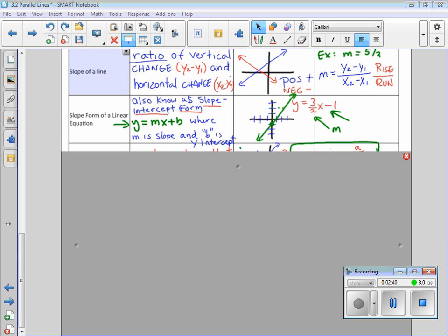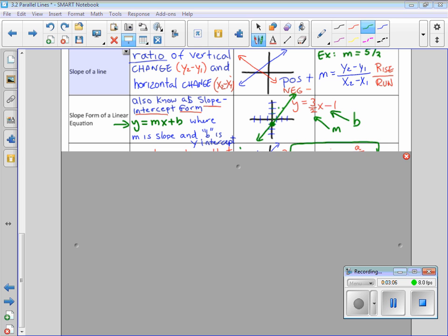Take a look a little bit further to the right. You'll see an equation I wrote in red, y equals 3 halves x minus 1. That minus 1 tells me where the line crosses the y-axis. That's the b, the y-intercept. It intercepts the y-axis, the vertical axis, at -1, so I can put a point at -1. There's one there drawn already, of course.